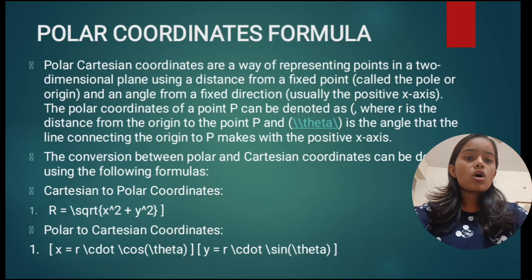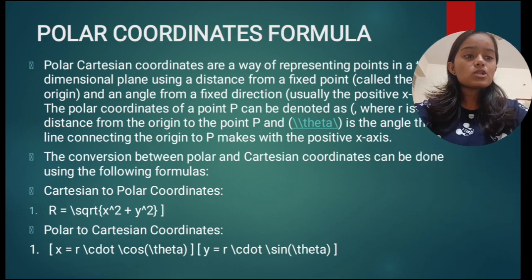Next, let us move on to the polar coordinates formula. Polar coordinates are a way of representing points in a two-dimensional plane using a distance from a fixed point called the pole or origin and an angle from a fixed direction, usually the positive x-axis. The polar coordinates of a point P are denoted as (r, θ), where r is the distance from the origin to the point P and theta is the angle that the line connecting the origin to P makes with the positive x-axis.